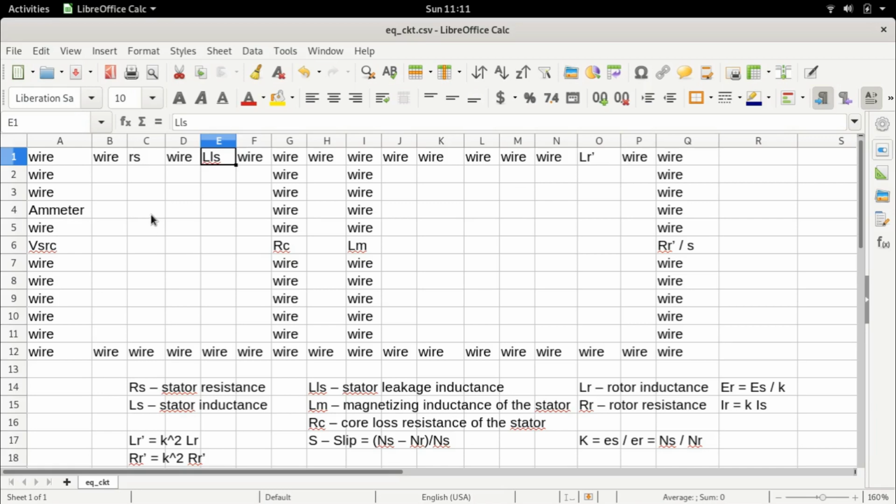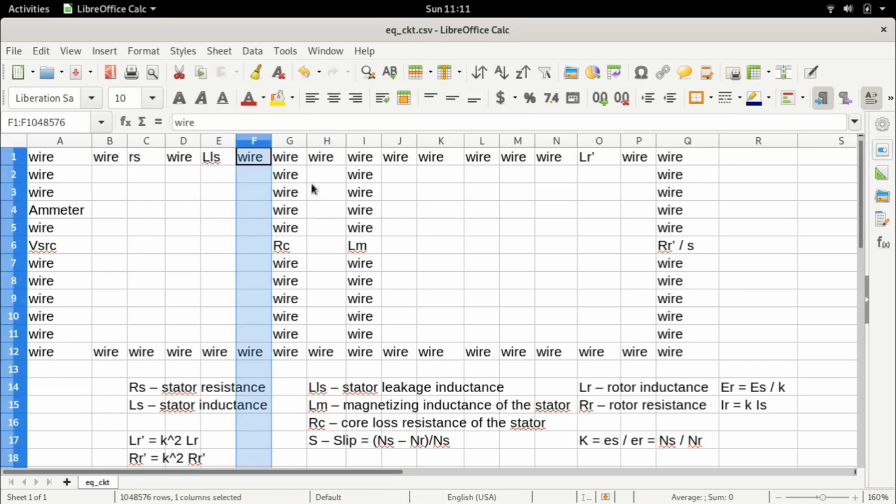So we can establish, using a basic electrical equation, that is, Kirchhoff's voltage law, that the applied voltage will be equal to the drop across the stator resistance, the drop across the leakage inductance of the stator, and the induced EMF. So whatever comes across this parallel branch is the induced EMF.